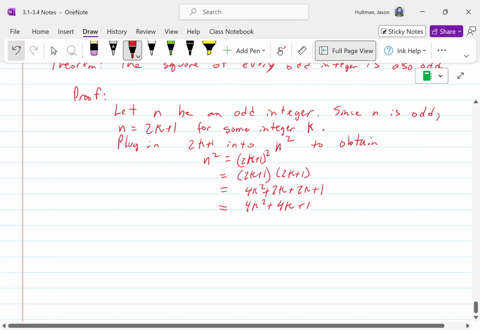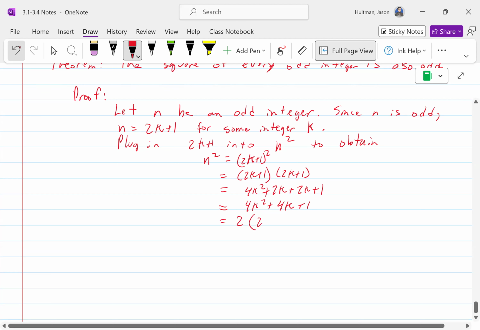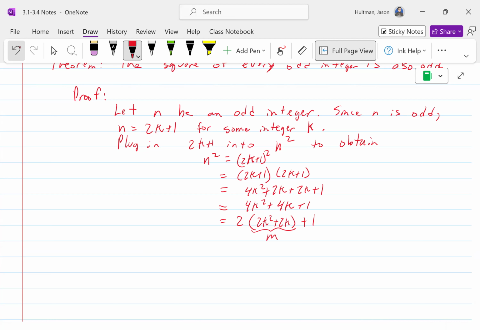Now I'm going to be a little sneaky here. I'm going to factor out a 2, not a 4, from the first two terms. So this is 2 times (2k squared plus 2k) plus 1. And then we can call this thing m, and say m is an integer. Therefore, n squared ended up being 2m plus 1, which is itself an odd number.